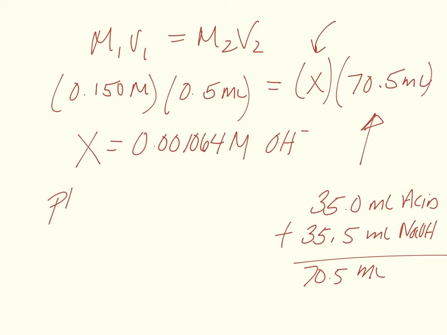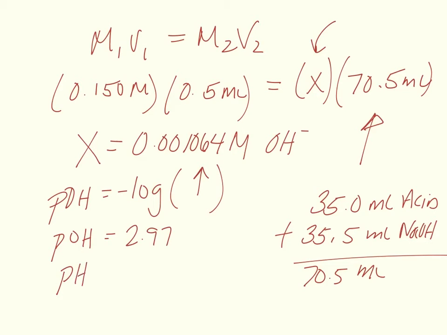So it's easy to get a pOH from this by just taking negative the log of that number, which gives us a pOH of 2.97, or a pH of 11.03. Once you've gotten past the equivalence point, just take the excess volume of base that you're titrating in and complete a dilution problem with that. Determine what the molarity of that base is, and then figure out the pOH and then pH. And that's it.